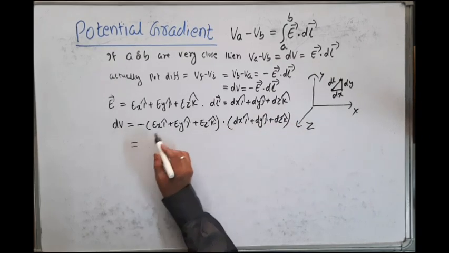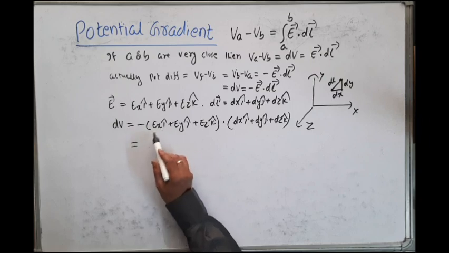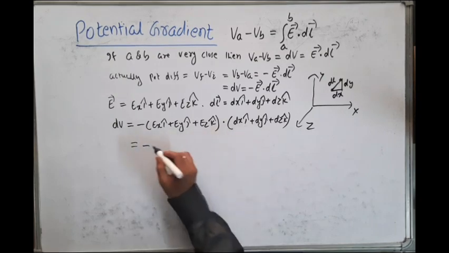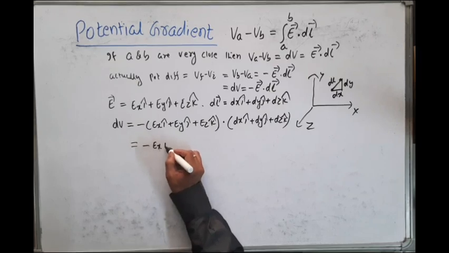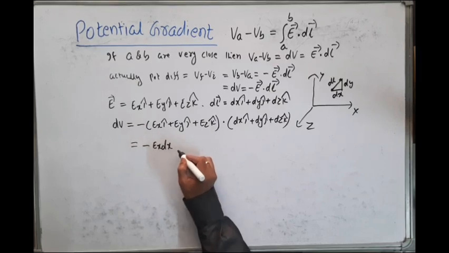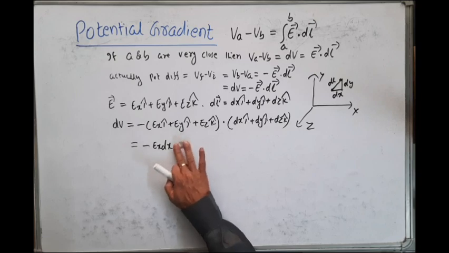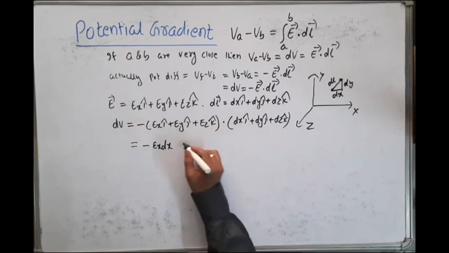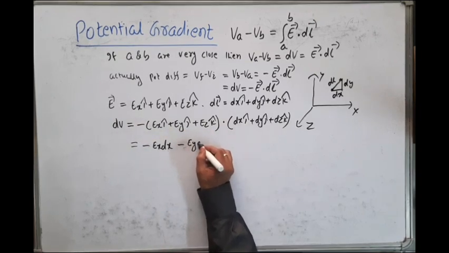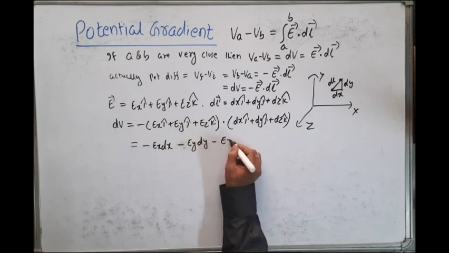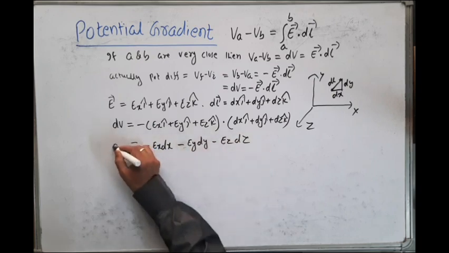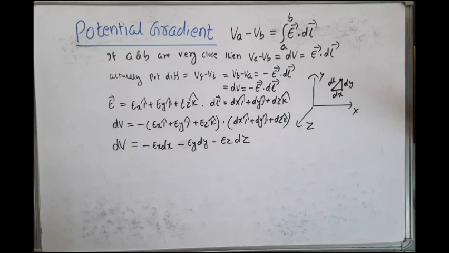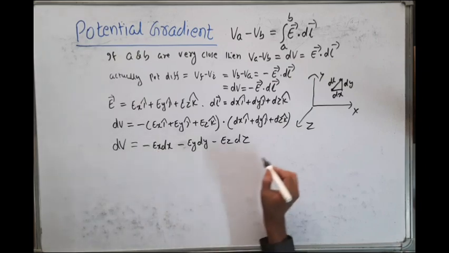Now take the dot product. So minus Ex dx, and this is also minus, minus Ey dy, minus Ez dz is equal to dV. Clear? Now I want to find the value of Ex.